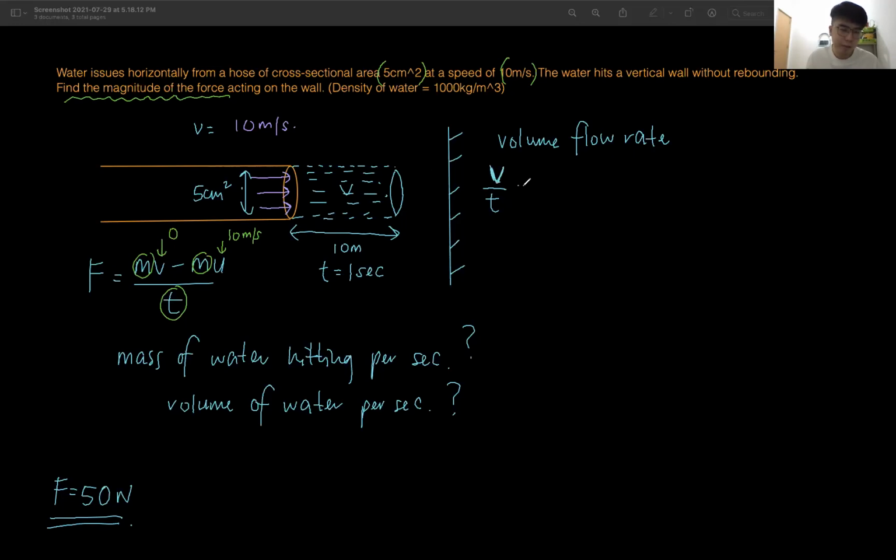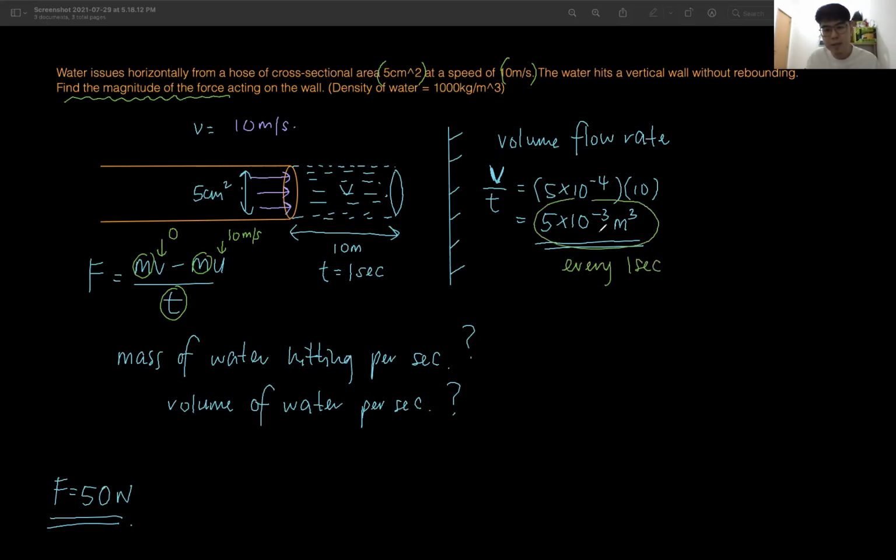V over T equals 5 times 10 to the minus 4, we change it to meter squared, times 10 meters. So we have 5 times 10 to the minus 3 meter cubed. This is the volume flow rate, meaning this amount of water is flowing out every 1 second.